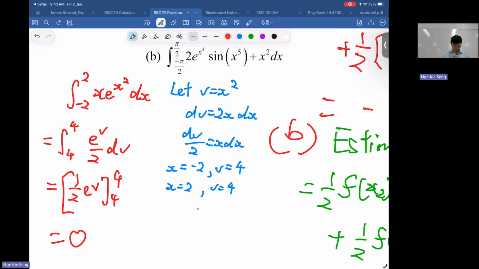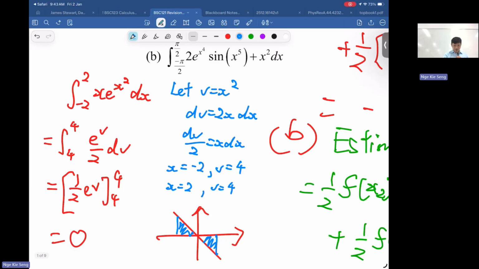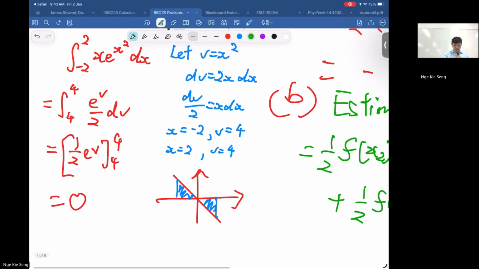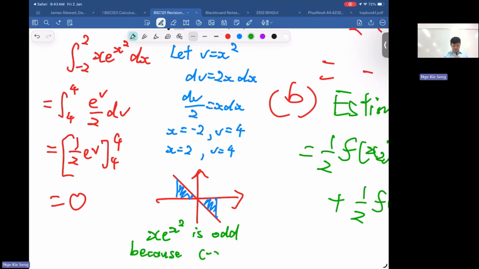The idea of an odd function is like this. If you are symmetric around 0, the positive and negative function areas will cancel. Let me write it like this. x e to the x squared is odd, because minus x times e to the minus x squared is equal to minus of the original function.